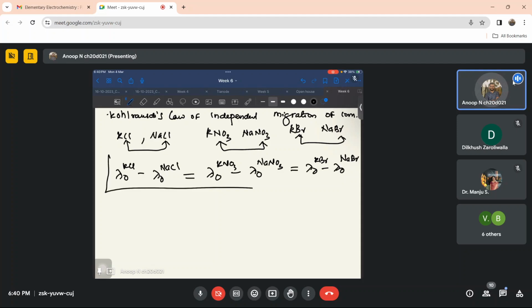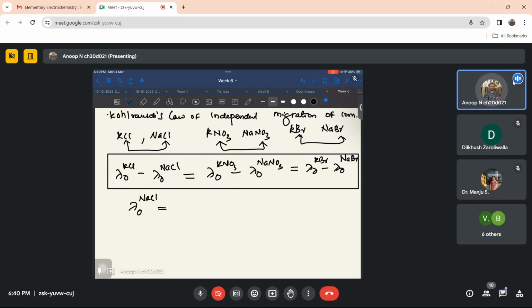So this is one relation we need to remember. Then we can write lambda 0, the equivalent conductance at infinite dilution for NaCl, in terms of ionic conductance, as L0 Na plus plus L0 Cl minus.